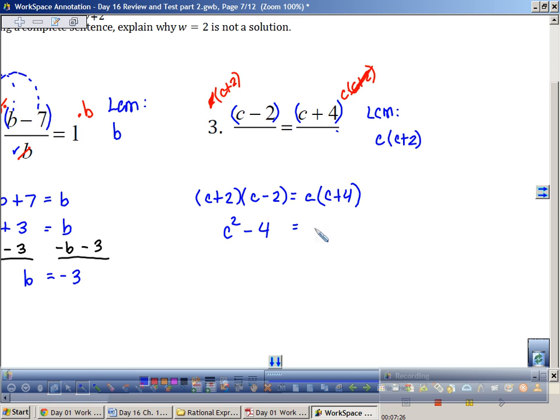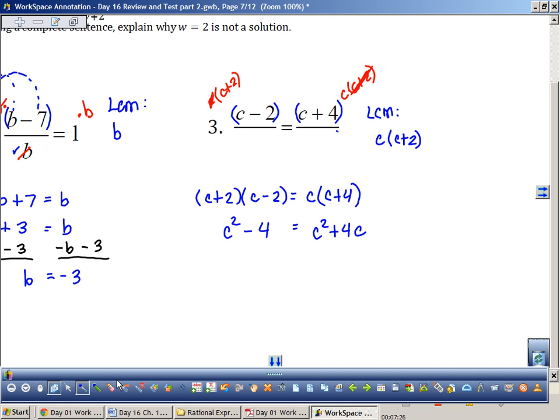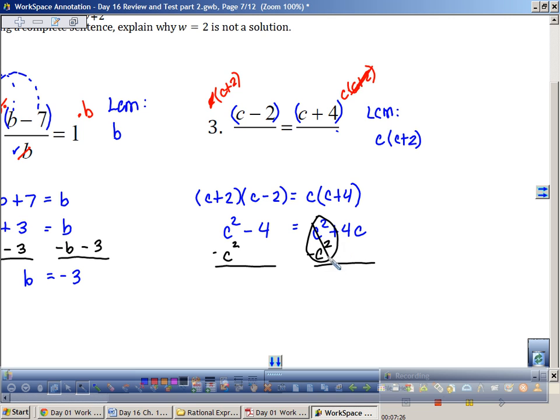So let's distribute. What do I get? C squared plus 4C. That's convenient. Does everybody understand how we got to this step here? Are we good? Okay, where do I go from now? Subtract C squared from both sides. That's really convenient. Why? Because they both cancel out. So this one goes away, and this one goes away.